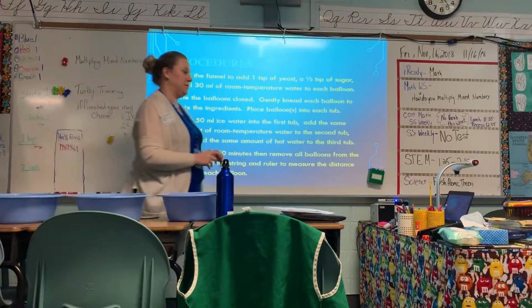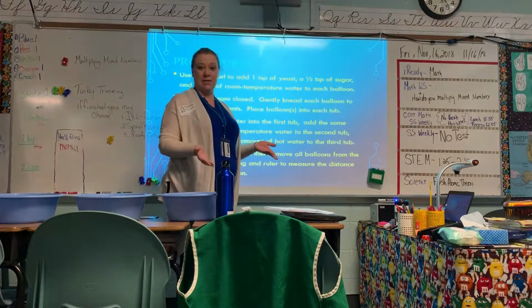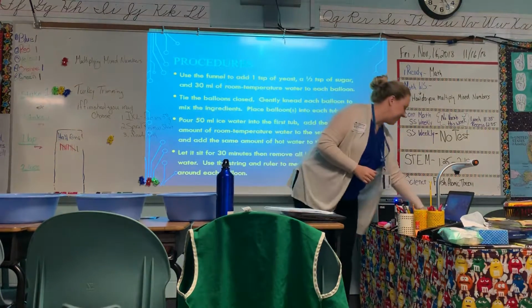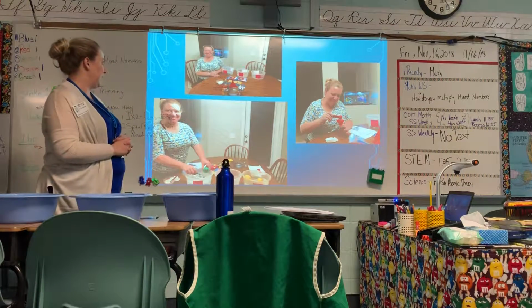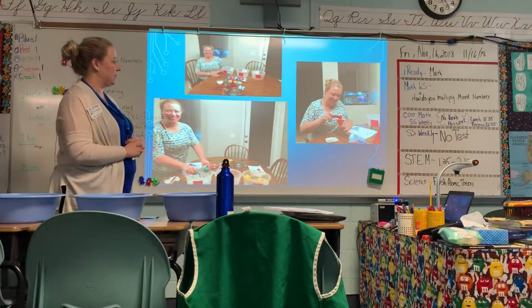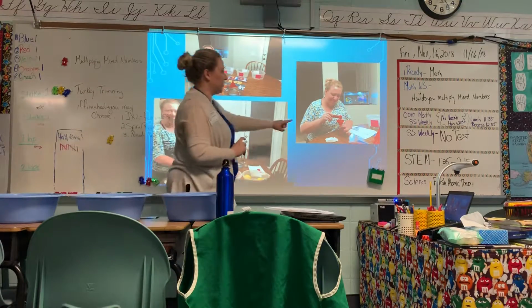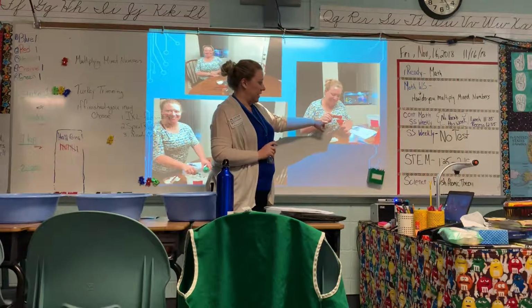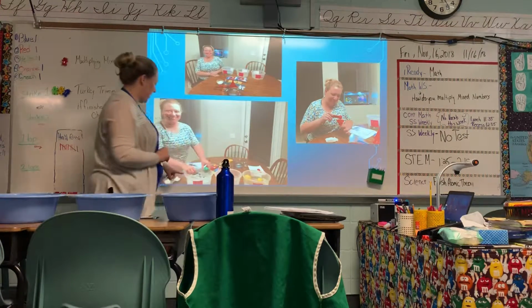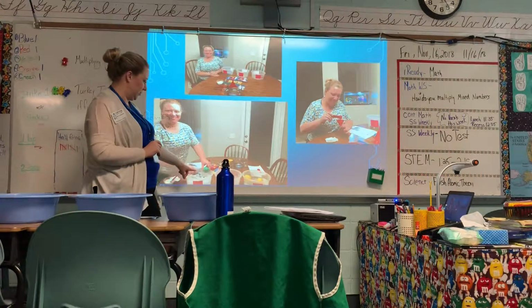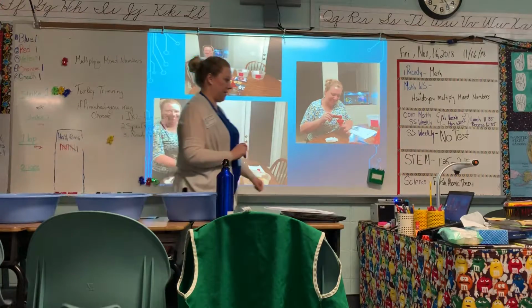And then we went ahead and completed the experiment. Here are some pictures of me doing the experiment. This is where we are putting the yeast mixture into the balloon using a funnel. And right here, this is where we place the balloons into the buckets of water.